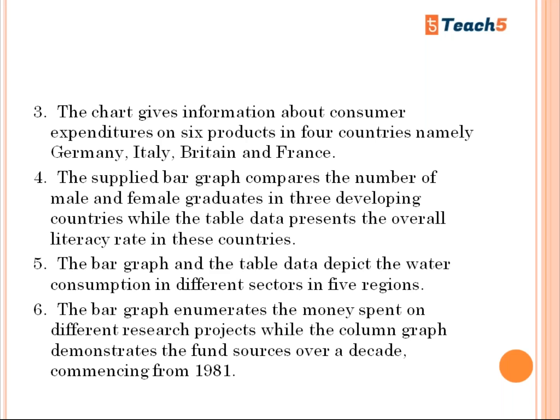The bar graph and the table data depict the water consumption in different sectors in 5 regions. The bar graph enumerates the money spent on different research projects, while the column graph demonstrates the fund source over a decade commencing from 1981.